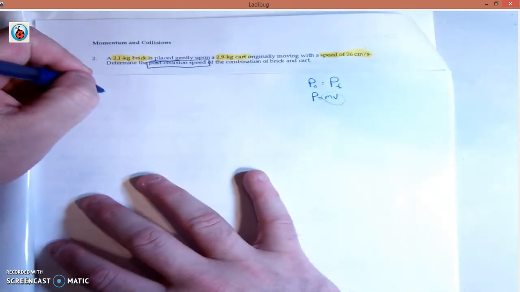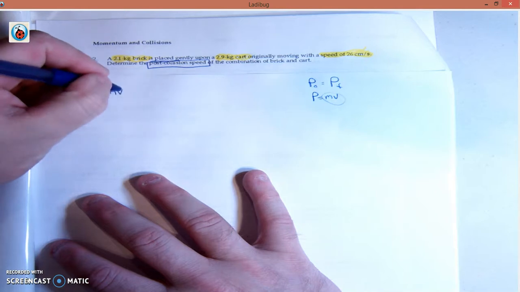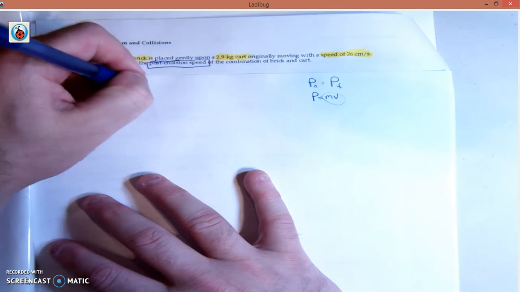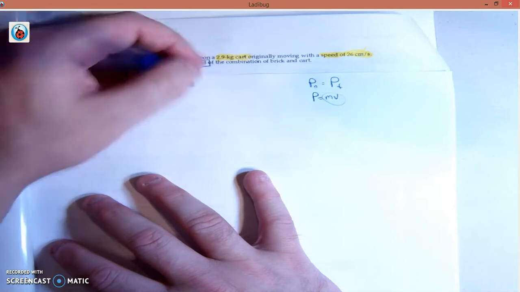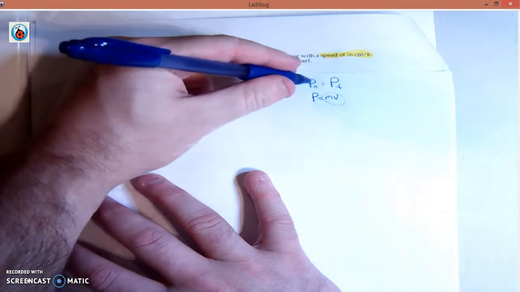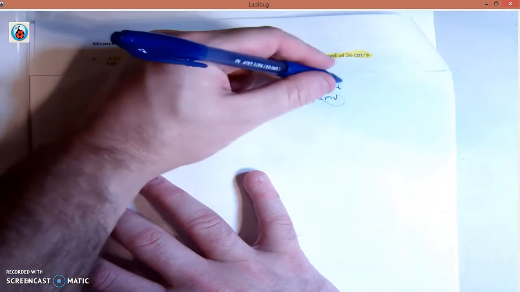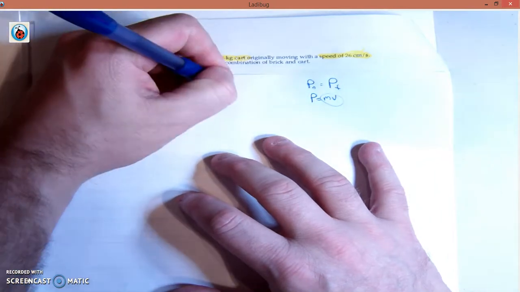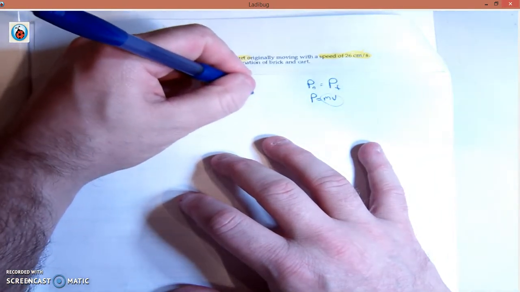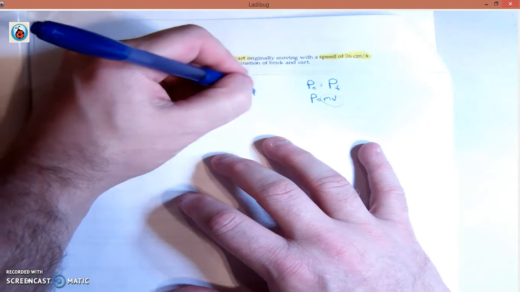Mass times velocity, this is the initial of the first object, plus mass times velocity of the other object equals, because momentum in equals momentum out, mass times the final velocity of the first object plus mass times the final velocity of the second object.